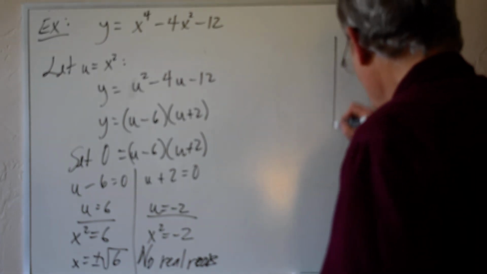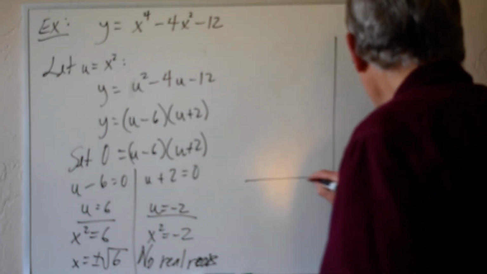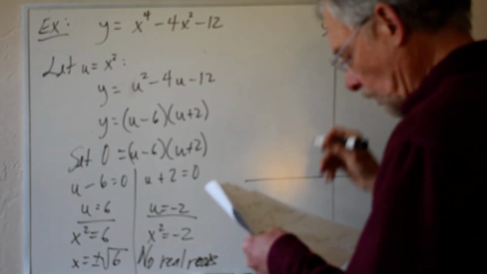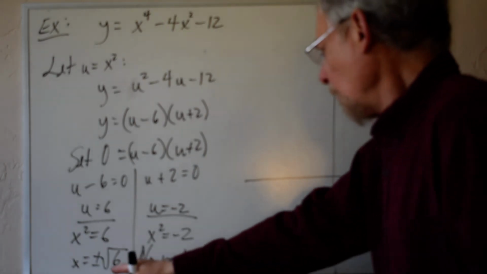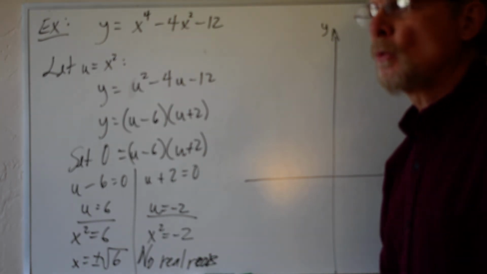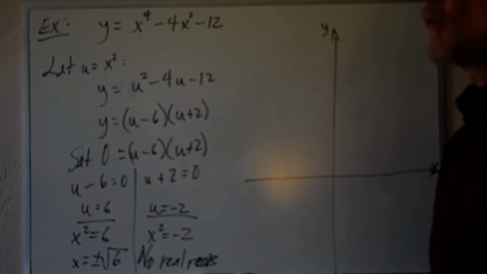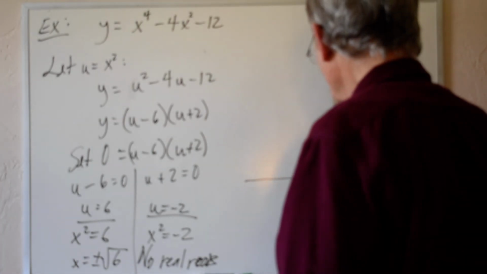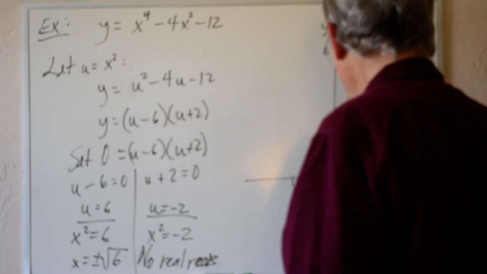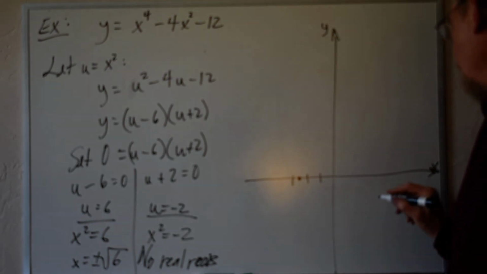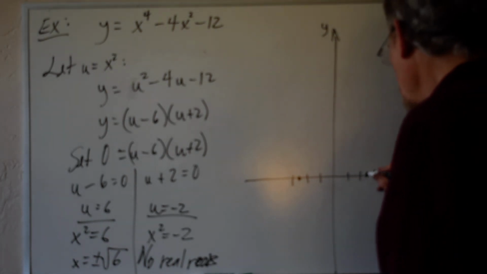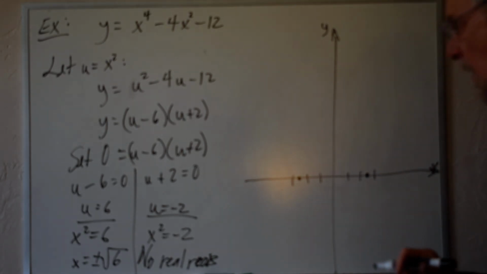Let's go ahead and plot this thing. Plus or minus square root of 6. Well, square root of 6 is a number that's between 2 and 3. So one x-intercept is there. The other one is there.